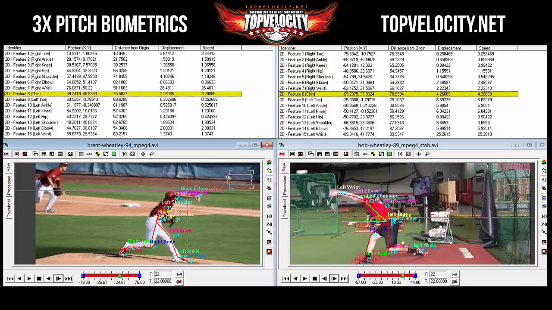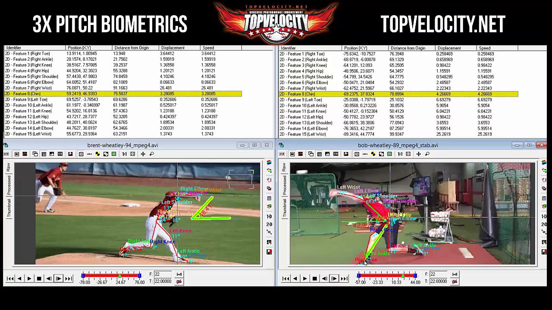We see a 42-degree angle here. Let's look at Brent's angle. To 46. So just a little bit more linear angle. Definitely a more linear front leg, more than likely, if we look at that.